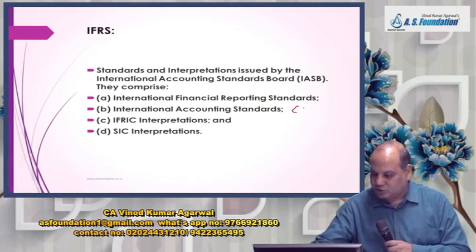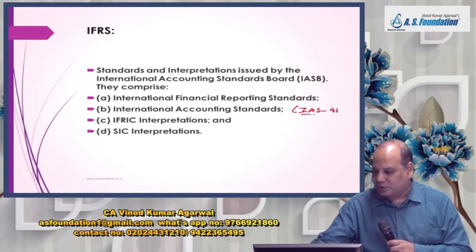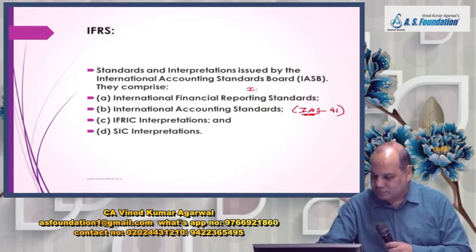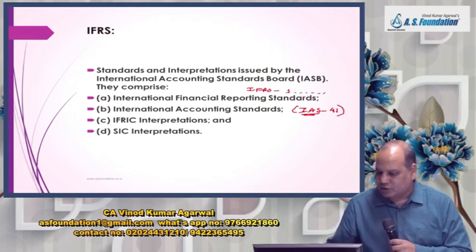This in short is called IAS. The number system is up to 41. The prefix is IAS and afterwards the prefix is IFRS. IFRS 1, 2, 3 like this.